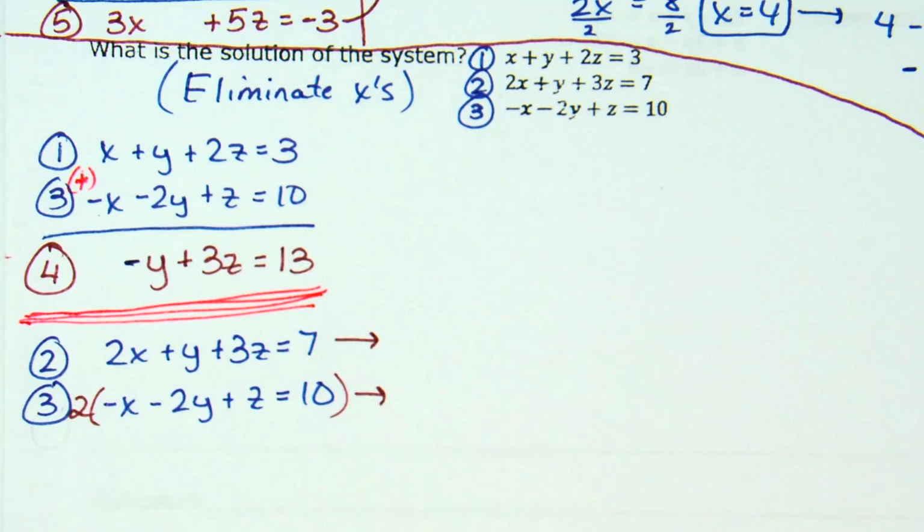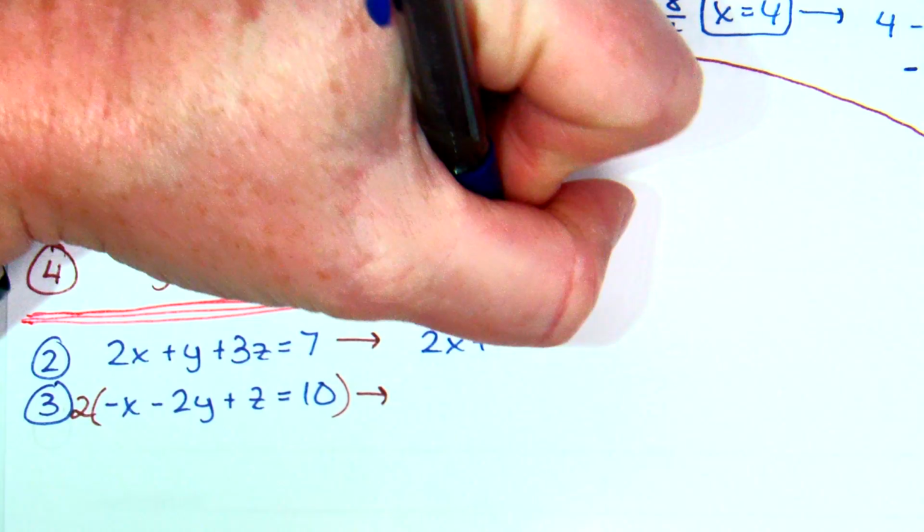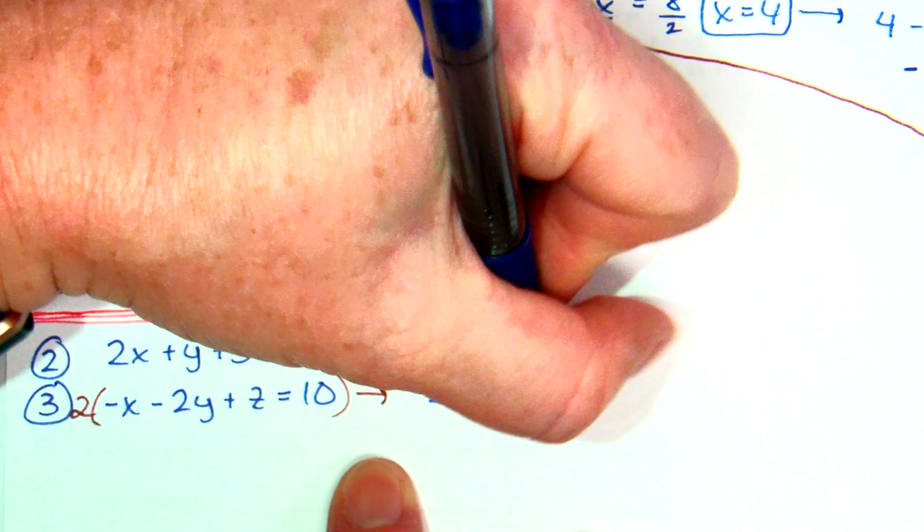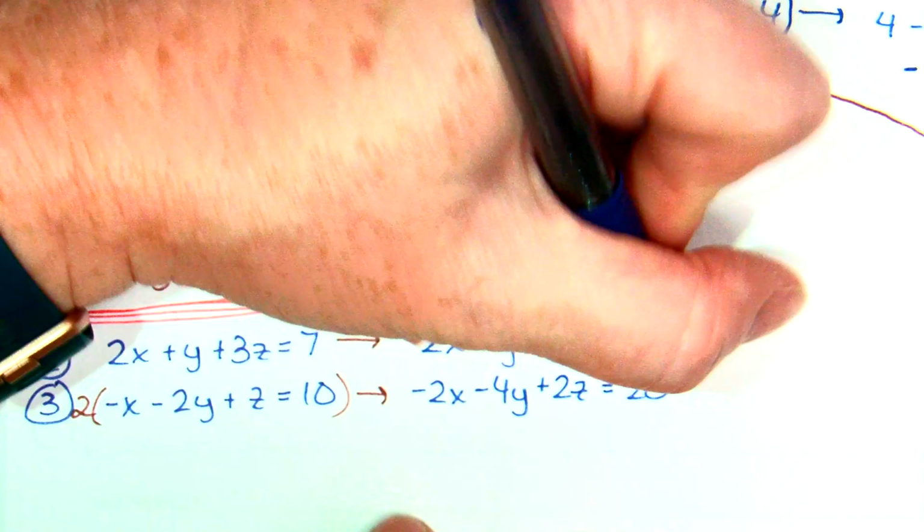So now I'm going to rewrite my new equations. I'm not going to number them, but they're just my new equations. Equation 2 stays as is: 2x plus y plus 3z equals 7. Equation 3 becomes negative 2x minus 4y plus 2z equals 20.